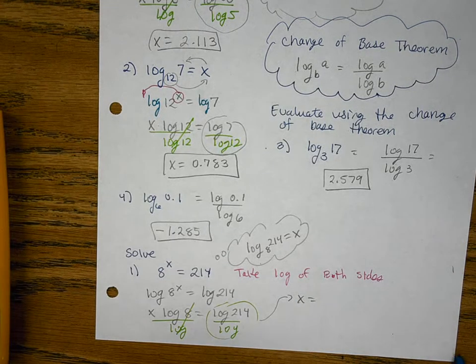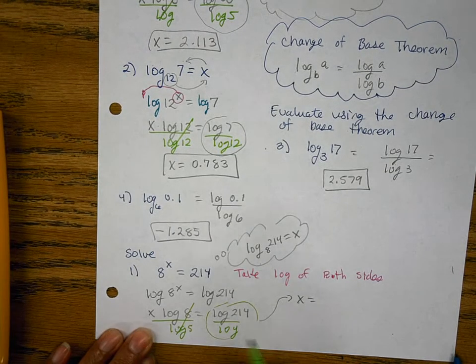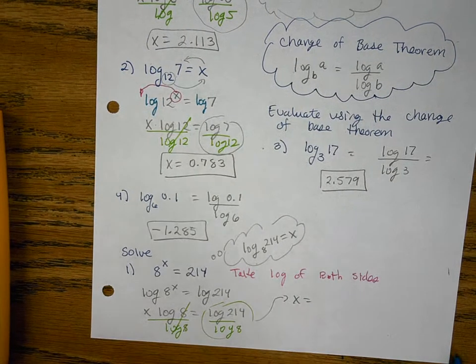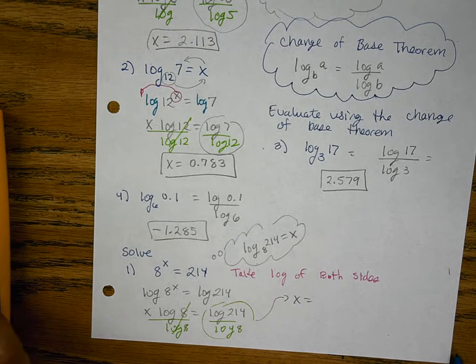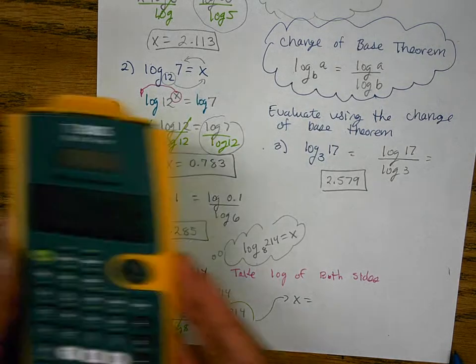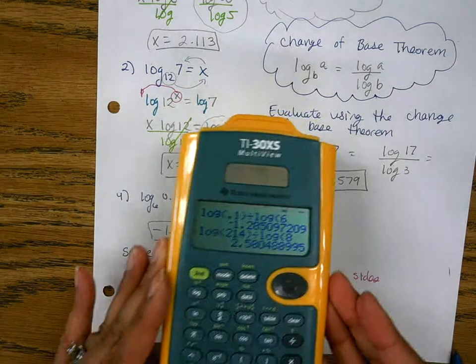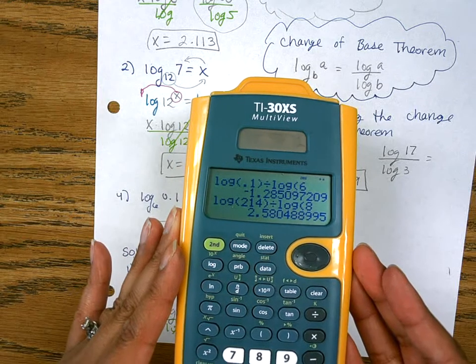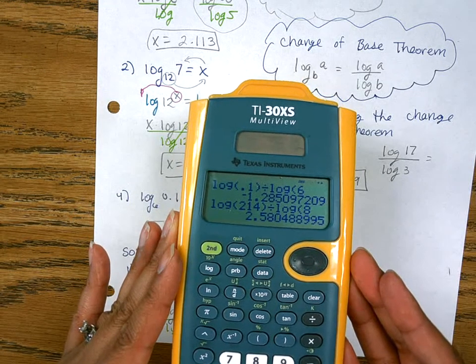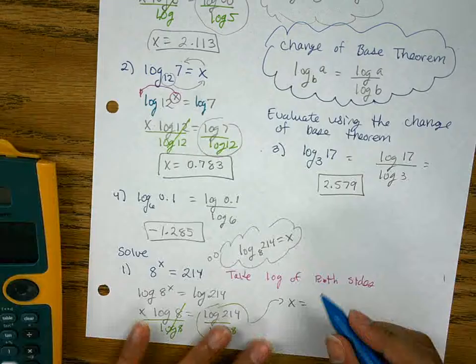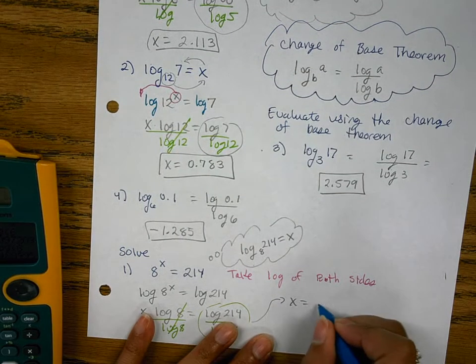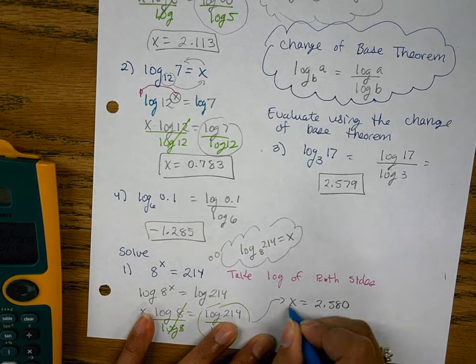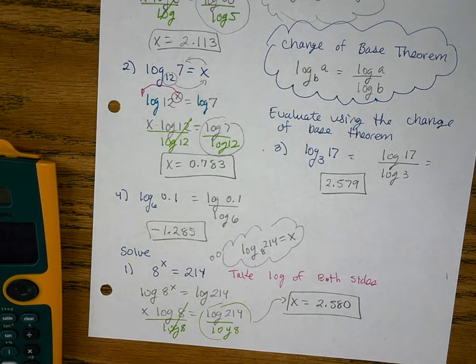That's the whole reason we're doing it this way. Divide by log of, and I forgot to write the log, sorry guys, log of 8. All right, so plug it in: log of 214 divided by log of 8, to 3 decimal places, equals 2.580.